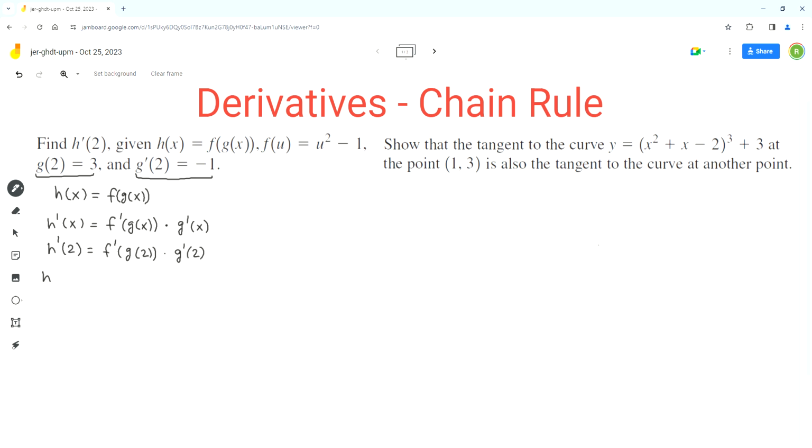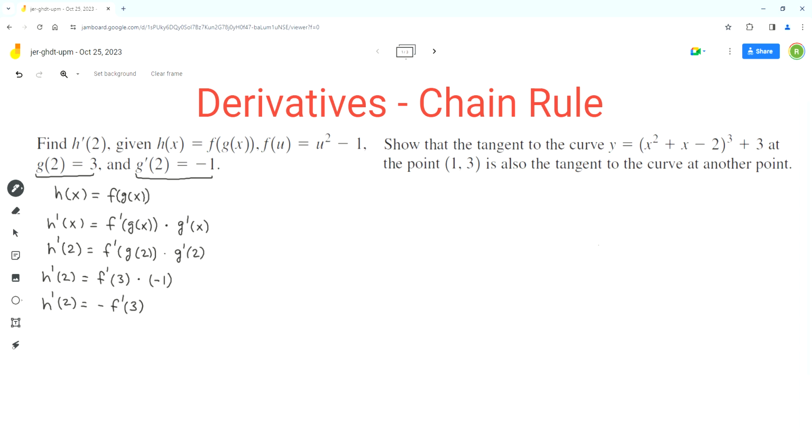So h'(2) equals f'(3), because g(2) is equal to 3, times g'(2), which is equal to -1. And now we can simplify this expression. So h'(2) is equal to negative f'(3).